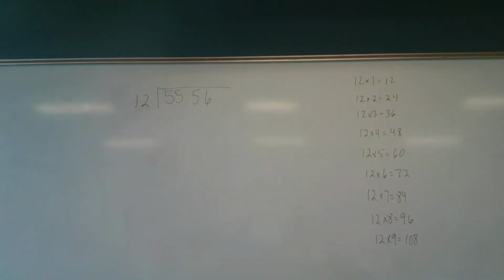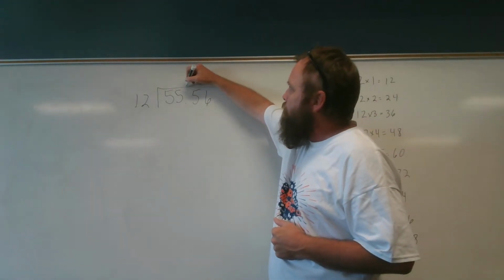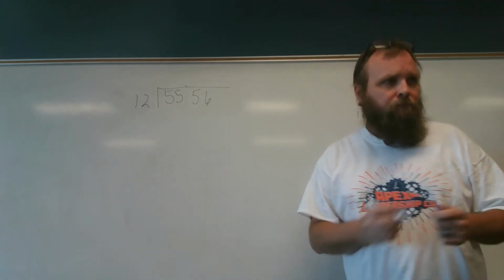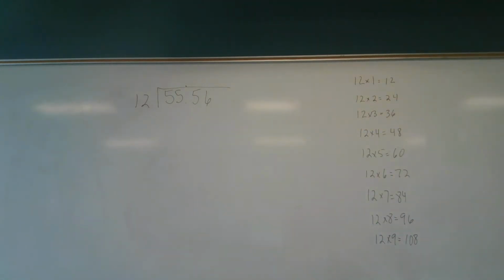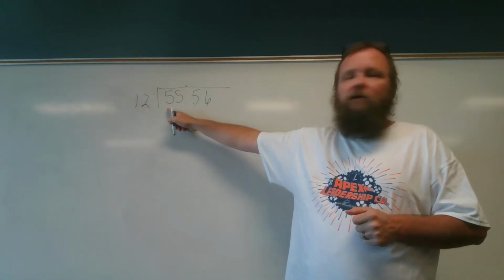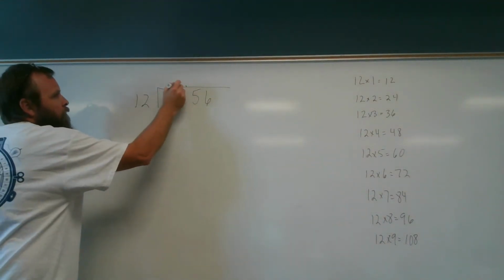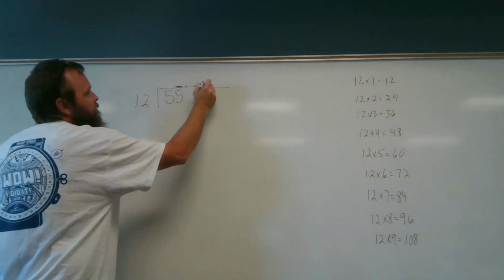Celise, how many digits are going to be in front of my decimal point in my quotient? 1. Because 12 doesn't go into 5. 12 goes into 55. So once I find a place where it's going to go into, I'm having the ones place, the tenths, the hundredths.